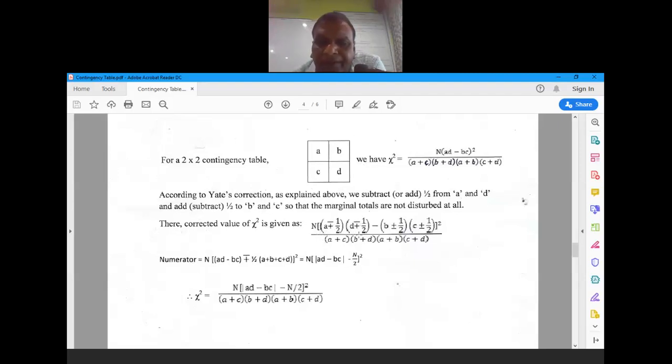In A and D we subtract, that's why in B and C we add: B plus minus half, C plus minus half, and then whole square. After simplification you get chi-square equal to n into (mod of AD minus BC minus n upon 2) whole square, and the denominator remains as such: (A plus C) into (B plus D) into (A plus B) into (C plus D).